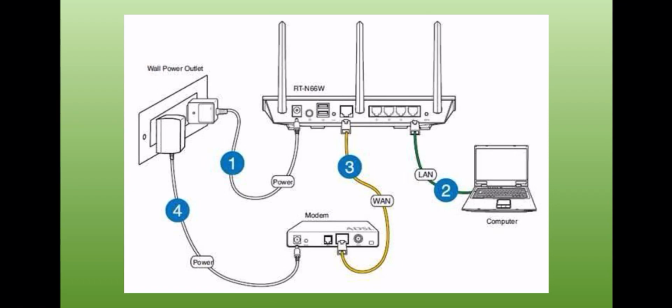Here 1 and 4 are the power cables. 1 is the power cable for your router and 4 is the power cable for your modem. Cable 3 is the cable that connects the wide area network from the modem to your router. It provides the internet from your modem to your router.